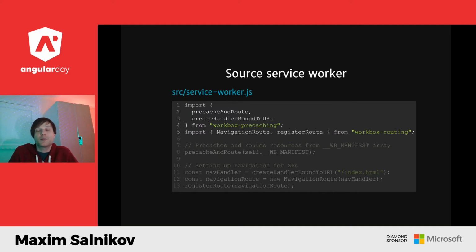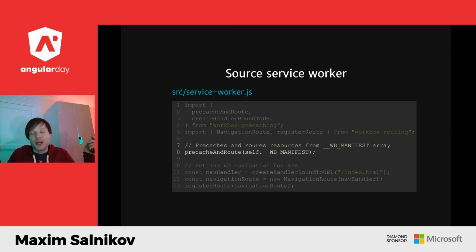Thanks to its modular structure, we literally don't import any unneeded byte of code. We can include in our resulting Service Worker only the modules and methods we really use. And then one, I call it a magical method called precacheAndRoute, does all the dirty job for us by precaching, by managing versions, and by serving assets from the cache.